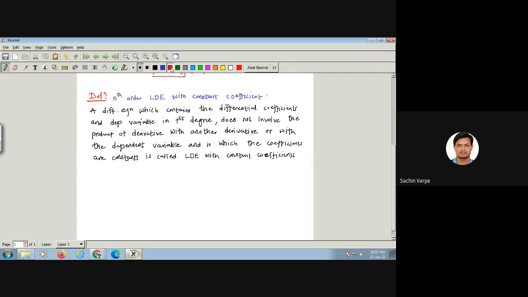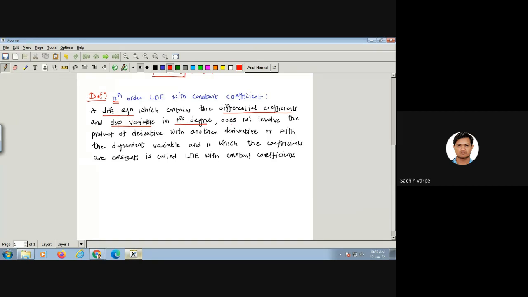Okay, so this is the definition of linear differential equation of nth order: a differential equation which contains the differential coefficients and the dependent variable in first degree. This is a very important condition. The differential coefficients and the dependent variable must be in first degree.